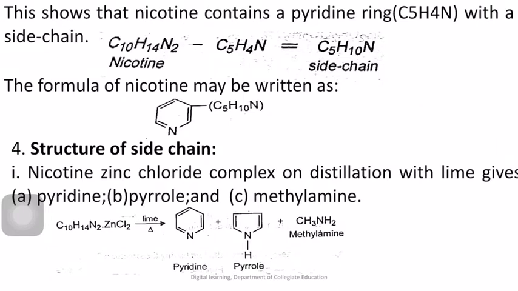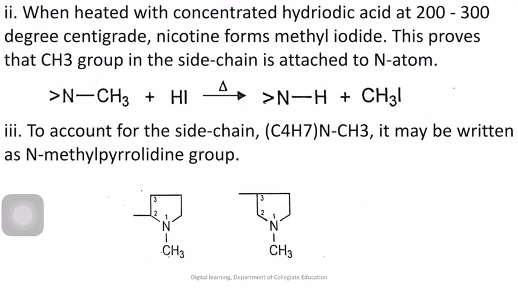Then, what is the structure of the side chain? For that, nicotine zinc chloride complex on distillation with lime gives pyridine, pyrrole and methylamine. This shows that there is a pyrrole ring in nicotine. When heated with concentrated hydroiodic acid at 200 to 300 degrees centigrade, nicotine forms methyl iodide.